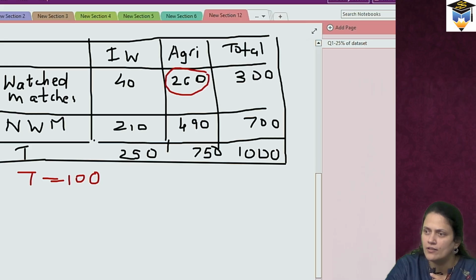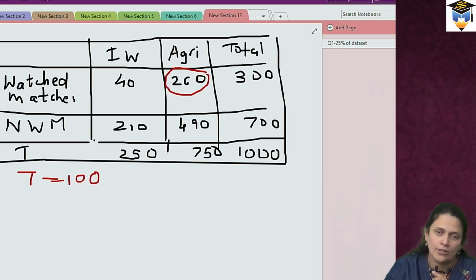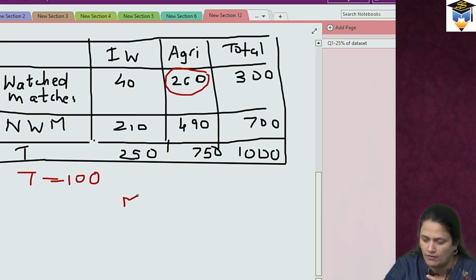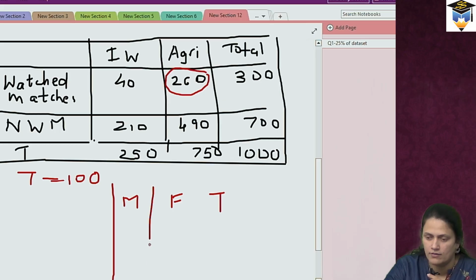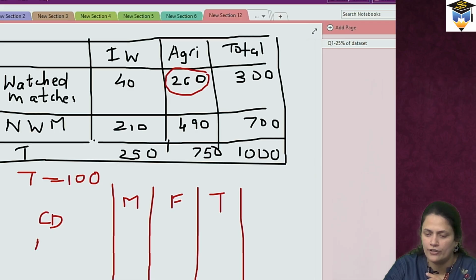Is it given? So what we have done? We have assumed. So total number is equal to 100. Now let us make the chart. Male, female, total. Then coffee drinkers, non-coffee drinkers, and total.